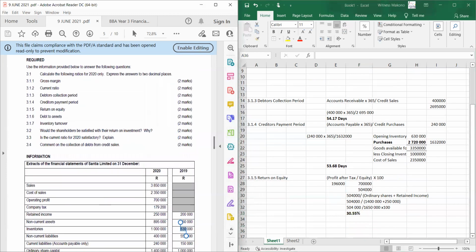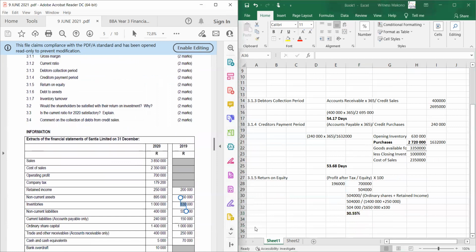The next one is debt to assets. 3.1.6. What is the formula for debt to equity? Total debt divided by total assets.